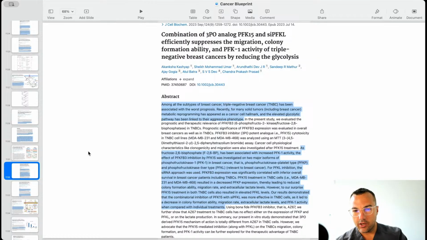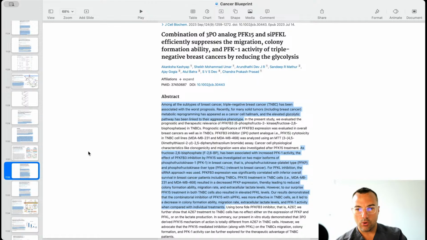PFK15 treatment of triple-negative breast cancer cells, MDA-MB-231. So that was definitely a breast cancer model back in that other paper. And MDA-MB-468 resulted in decreased PFKP expression, therefore leading to reduced colony formation ability, migration rate, and extracellular lactate levels.